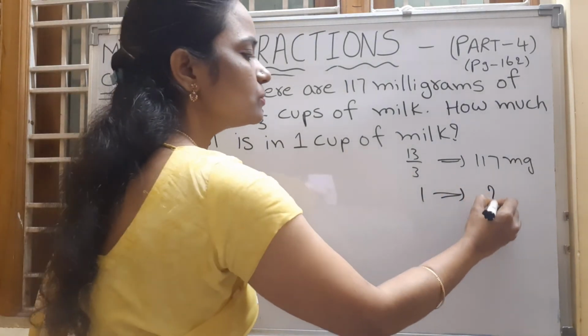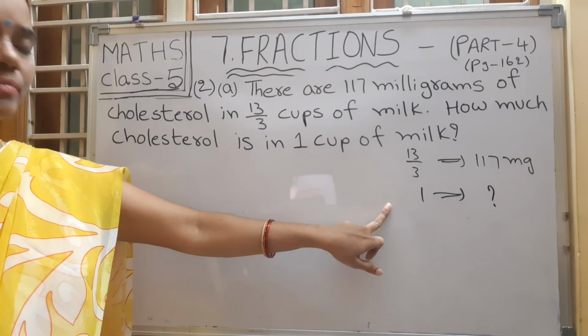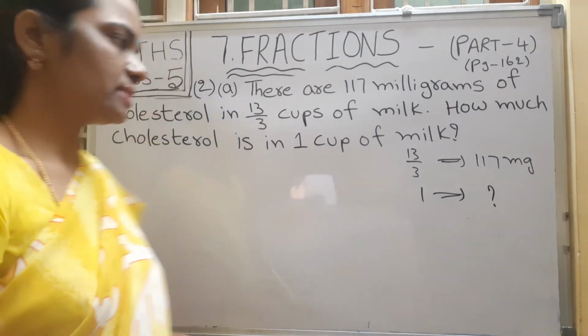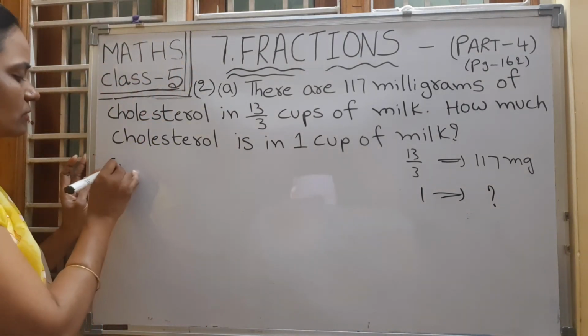What we have to do? Asking for 1 means we have to take the division. So what is the solution?